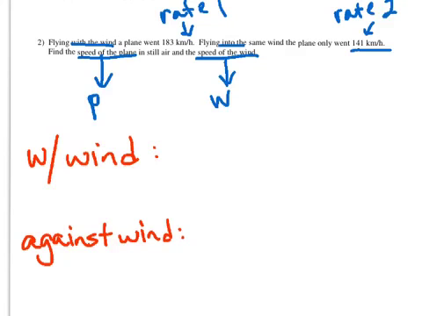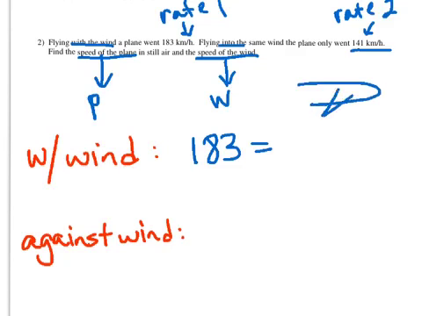Alright, so we know that with the wind, the rate is 183 kilometers per hour. And if a plane is flying with wind, so here's our little plane. I can't draw, so keep that in mind. Okay, so here's our plane, and the wind is going along with the plane.